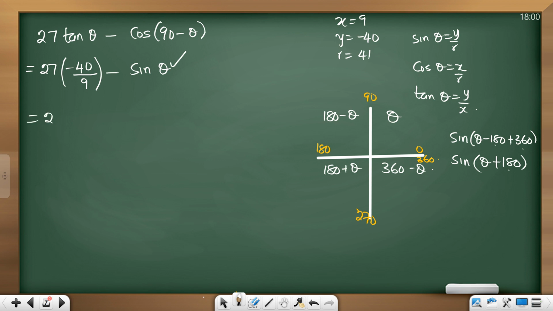Now, what do we have? 27 negative 40 over 9 minus, what is sine? Y over R. Negative what? 40 over 41. Put this in the calculator and you get your answer. You're done again.